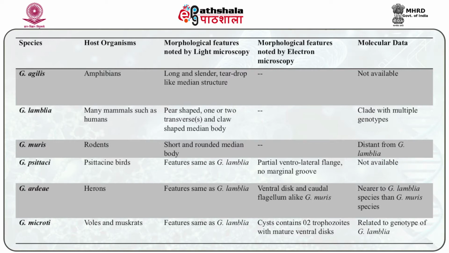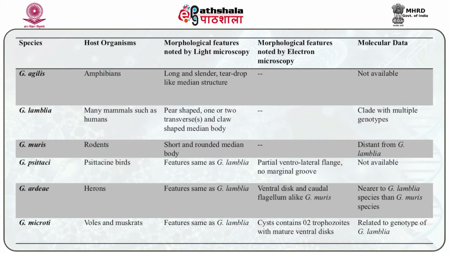Now let's compare the morphological and molecular features of different species of Giardia. Giardia agilis has a long and slender teardrop-like median body. The molecular data is not available for this species. Giardia lamblia is pear-shaped. It has 1 or 2 transverse and claw-shaped median bodies.